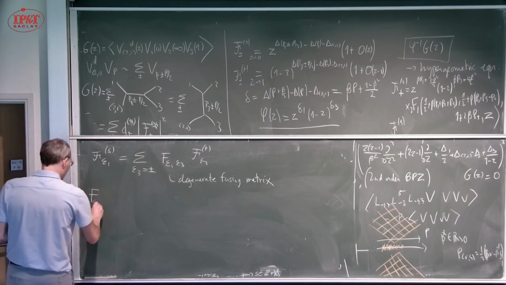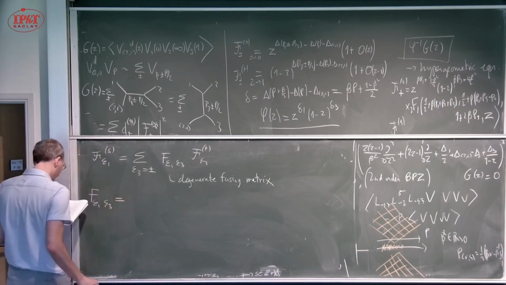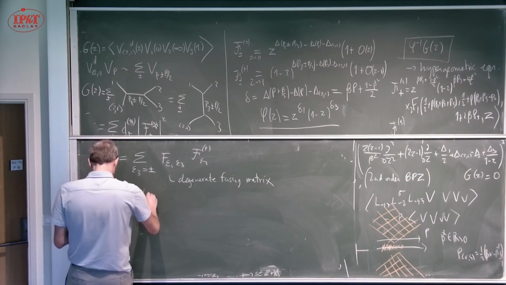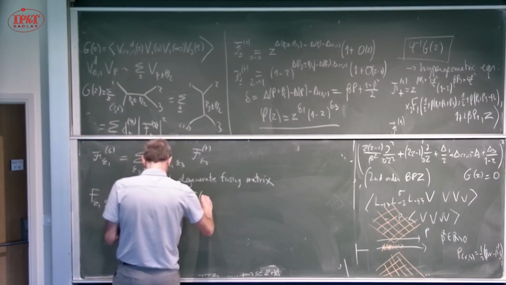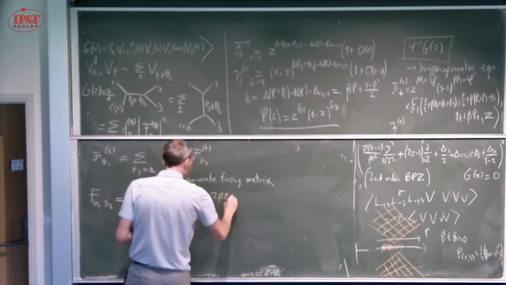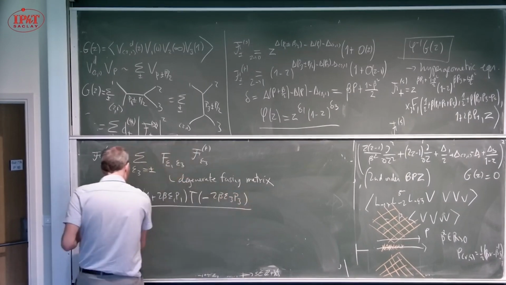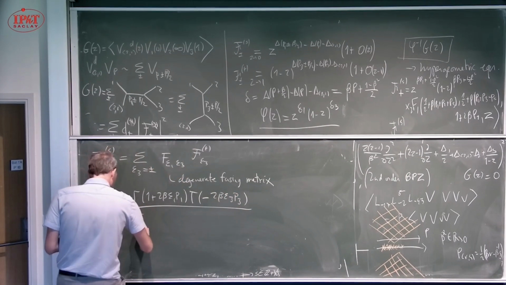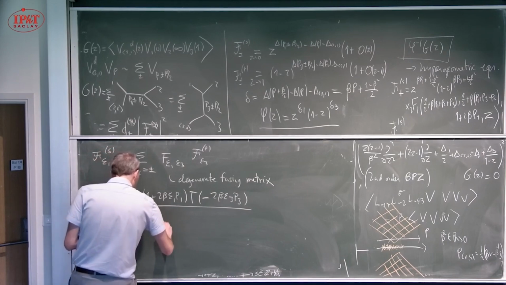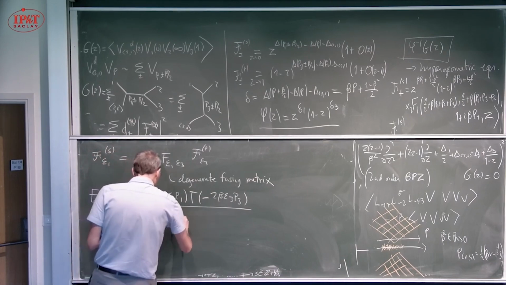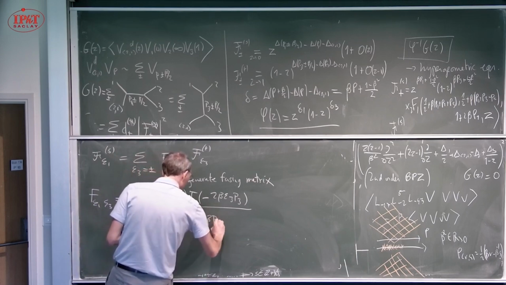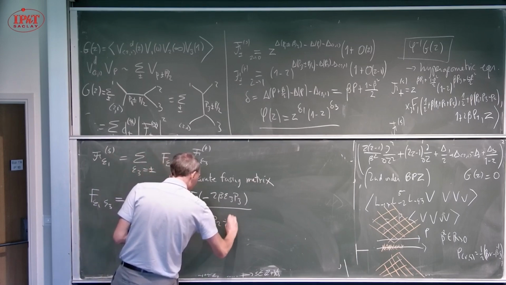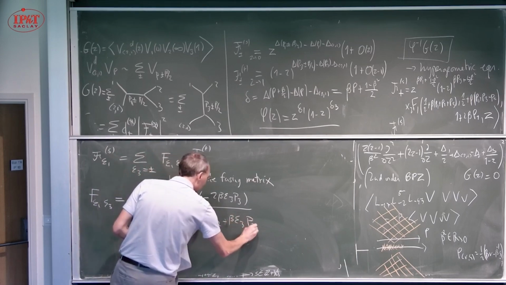So F_epsilon1 epsilon3 is Gamma of (1 plus 2 beta epsilon1 P1), Gamma of (minus 2 beta epsilon3 P3), over a product of two factors, Gamma of (1/2 plus beta epsilon1 P1 plus or minus beta P2 minus beta epsilon3 P3).